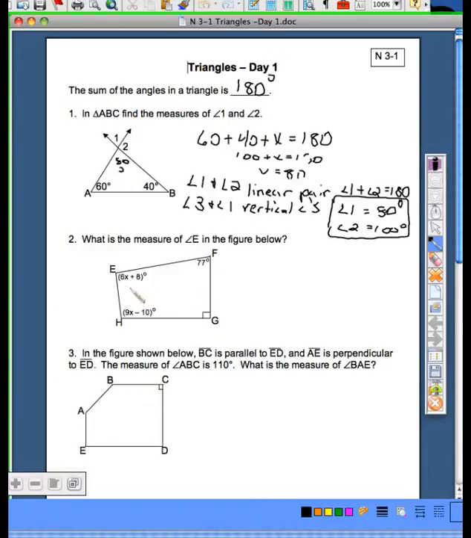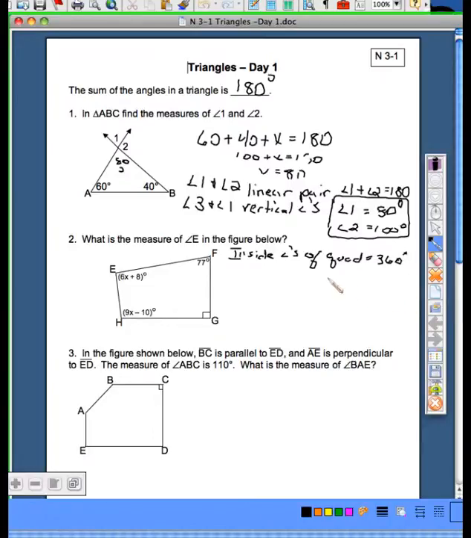What is the measure of angle E in this figure below? All the inside, or interior, angles of a quadrilateral, and I'm going to abbreviate quad, equal 360 degrees.